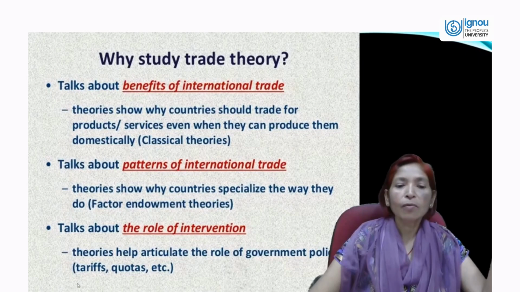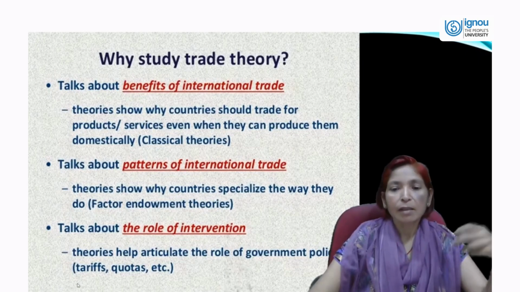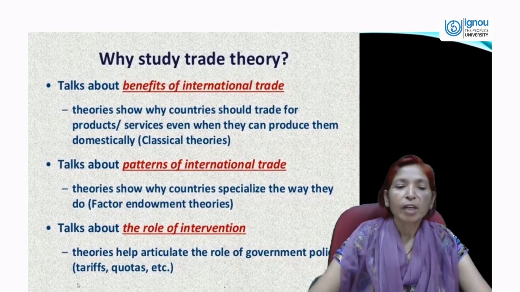This theory shows why countries specialize the way they do. It depends upon factor endowment. This factor endowment theory was introduced by Heckscher-Ohlin, which is known as the modern theory of international trade.